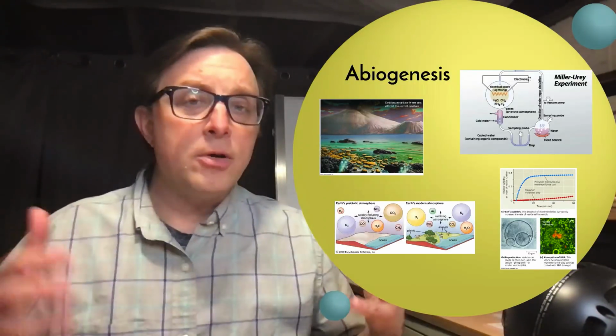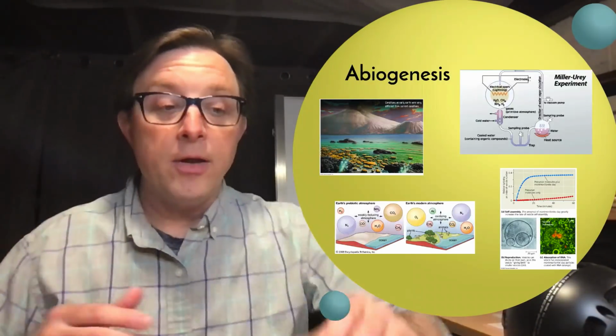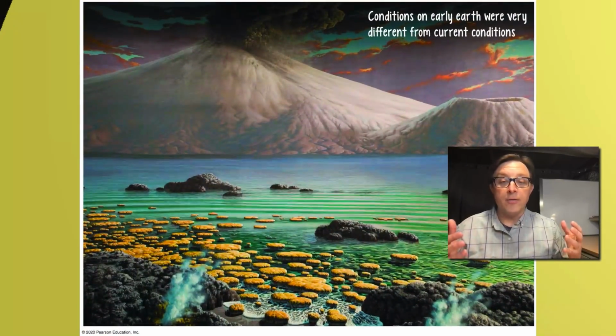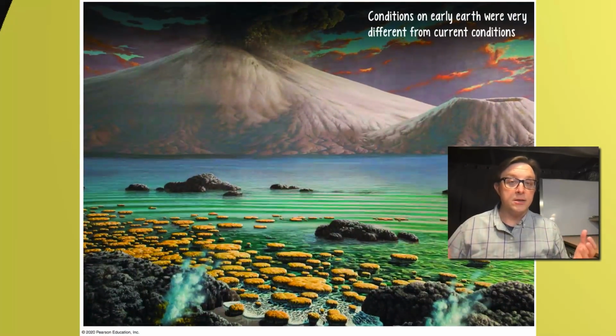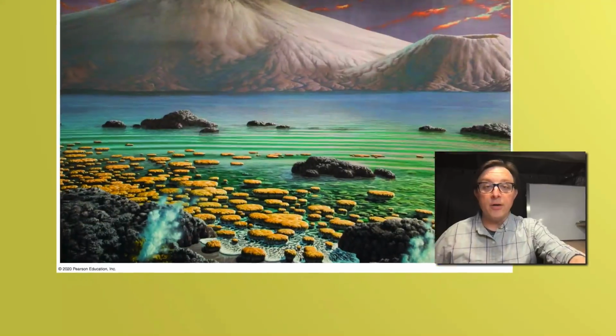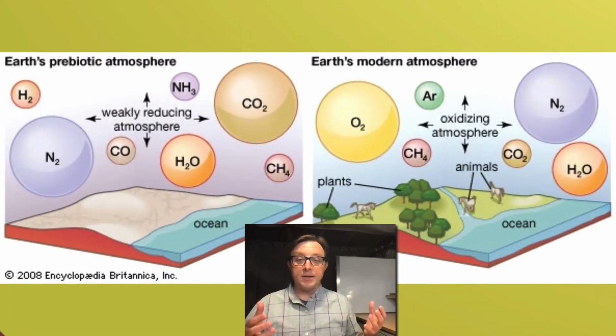We do have some good evidence, though, about conditions on this early Earth. And we know that conditions there were very different from the current conditions in terms of the atmosphere, in terms of the overall climate. Thinking about the atmosphere, the gases that were present were very, very different.